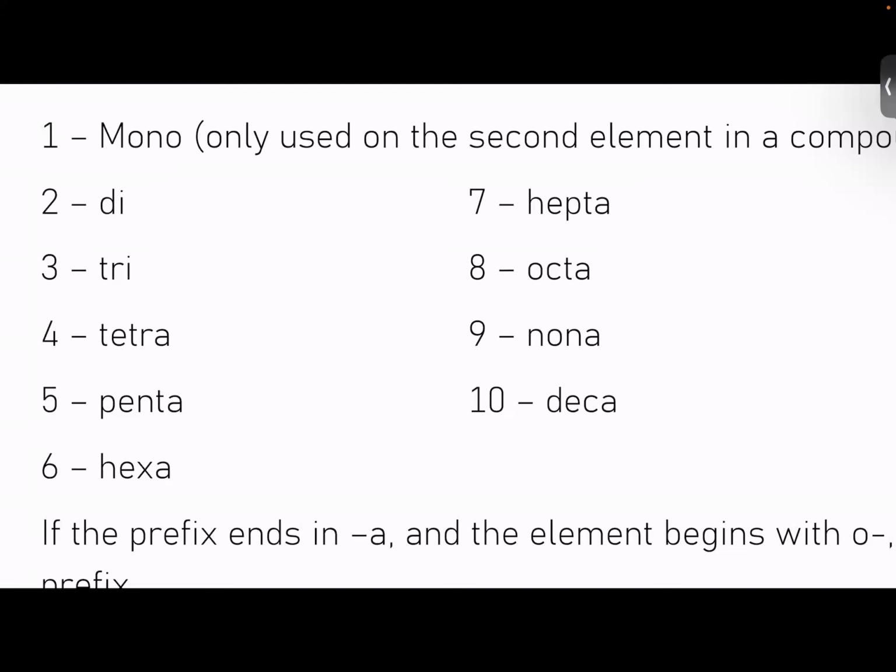In other words, if there's only one of the first element, we do not call it mono. We only use mono for the second element. Now the rest of the prefixes we use on the first and the second element, depending upon the quantity. So for 2, we use the prefix di. 3 is tri. 4 is tetra. 5 penta. 6 hexa. 7 hepta. 8 octa. 9 nona, and 10 deca.